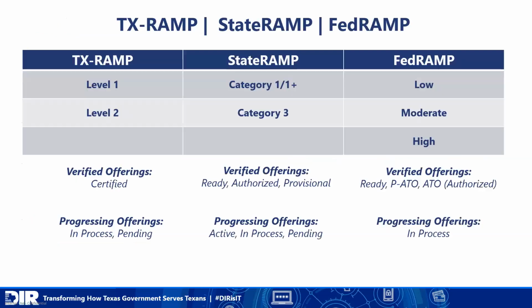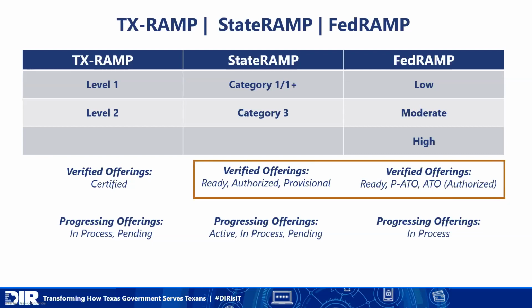Okay, and then I also just wanted to highlight quickly the StateRAMP and FedRAMP component of this, as those are going to be the ones that are just outright certified due to their status through StateRAMP and FedRAMP. And again, those are the verified offerings, the ones that have been 3PAO assessed.